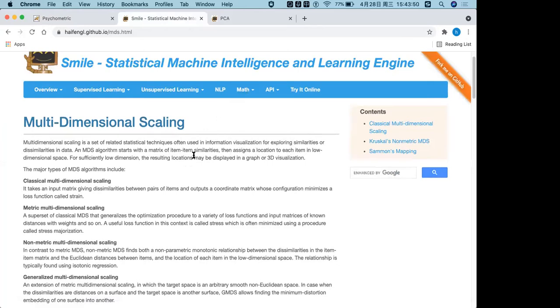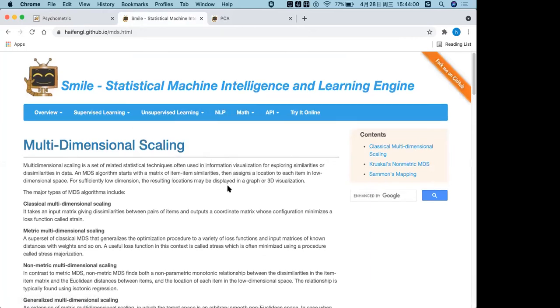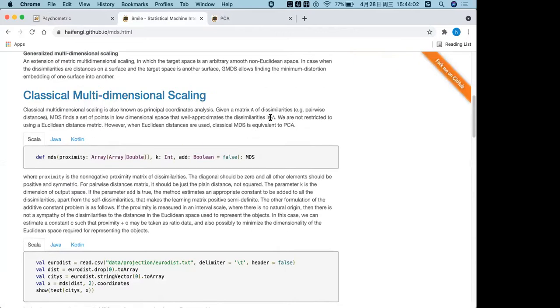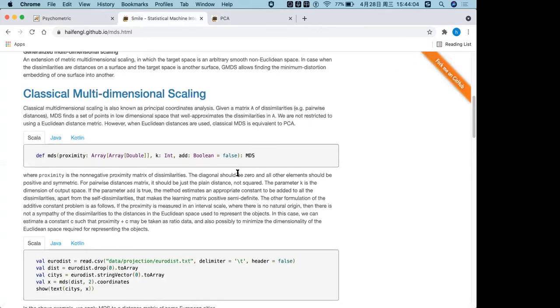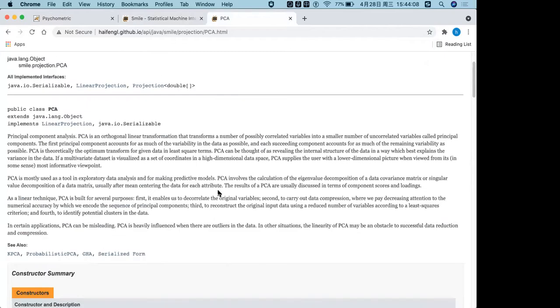What? Can you explain what PCA means? What it does? What it means? It is used.